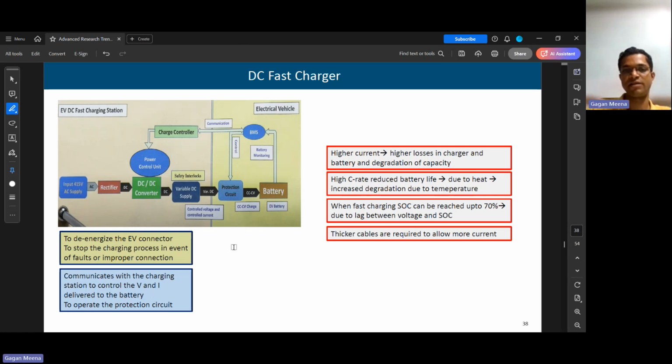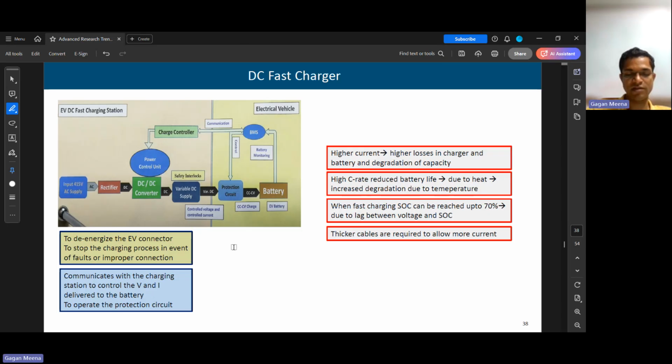Higher current results in higher losses in the charger, which results in battery degradation. These are the disadvantages of the DC fast charger.